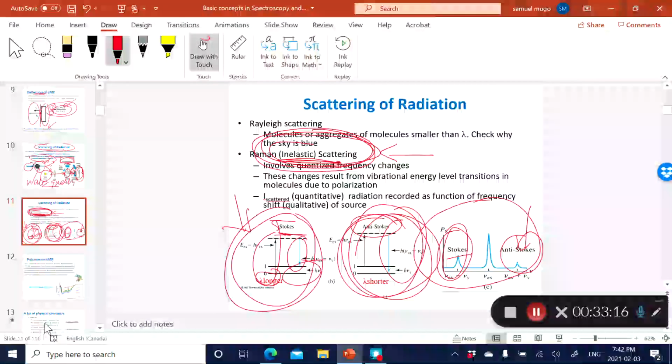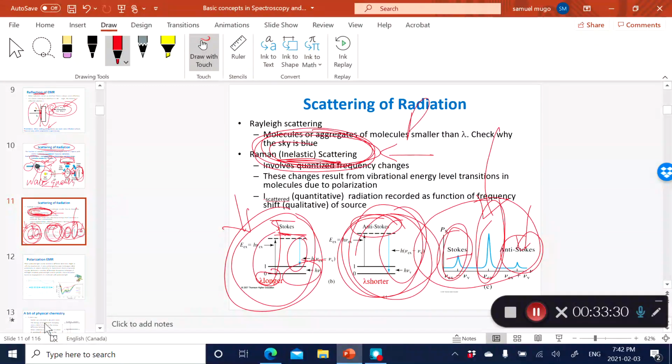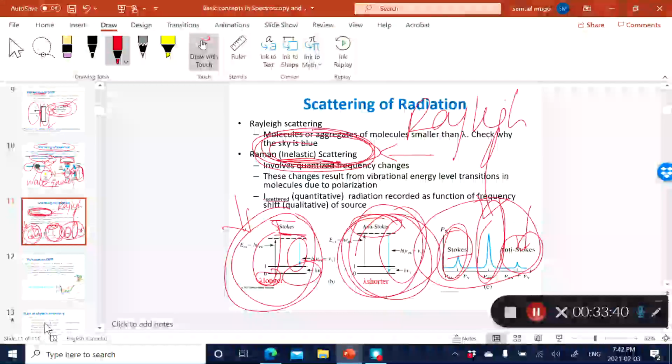Now, maybe somebody is going to ask me, what about the peak that is right there in between, and it looks fairly large compared to the Stokes and the anti-Stokes? This peak is what you refer to as the Rayleigh scattering. Now, the Rayleigh scattering really means that the energy of the incident beam is exactly equal to the energy that you determine in the end.